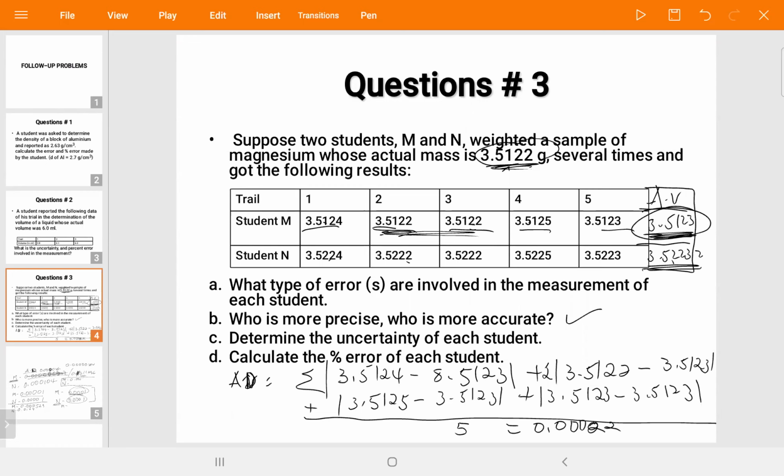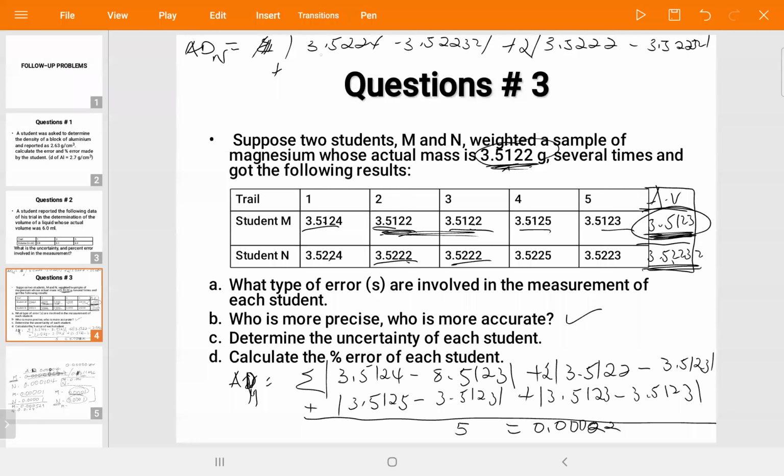Okay, let's do the second one. For student N, the average deviation: summation of 3.5224 minus 3.52232, plus 3.5222 minus 3.52232, plus... since these two are the same value, we can multiply by 2 here.